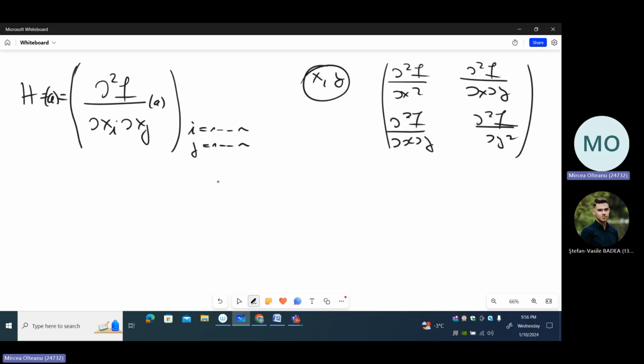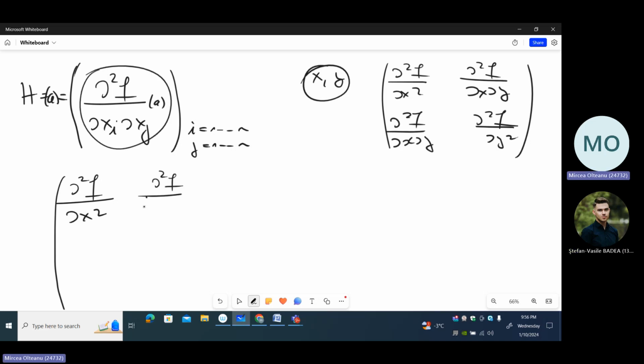Okay. And now in three variables, the Hessian matrix will be like this. On the main diagonal, of course, we have the non-mixed ones. Attention, here we have the partial derivative with respect to x1 and x2, because we are on the first row and second column.